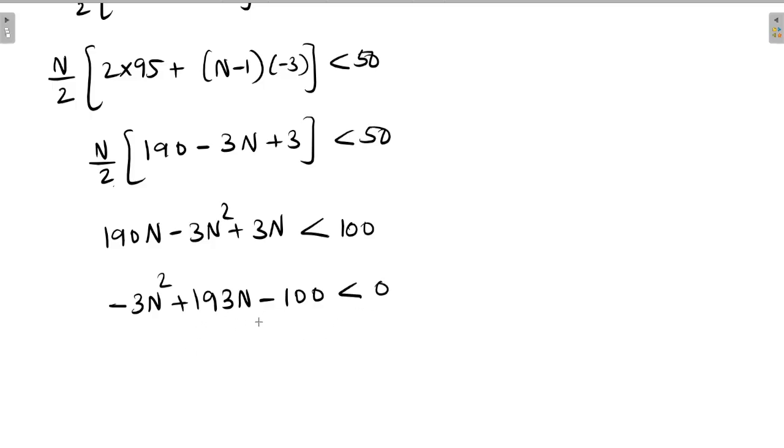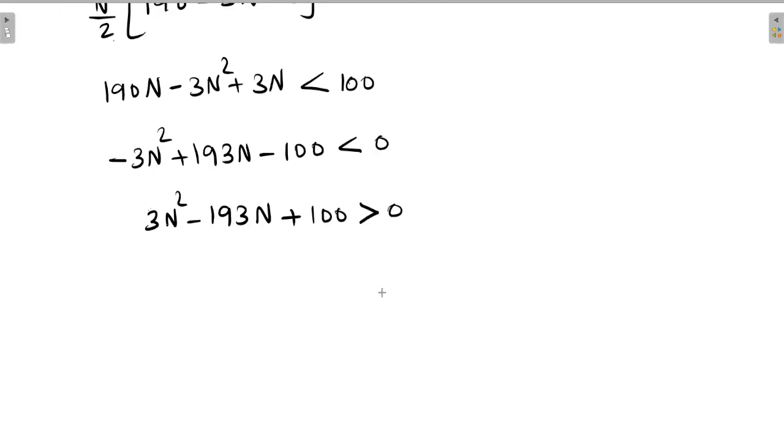Now we can convert this equation into a positive term. So let's multiply by minus 1 on both sides. So this equation is 3n square minus 193n plus 100, which is greater than 0. Now the inequality changes into greater than.